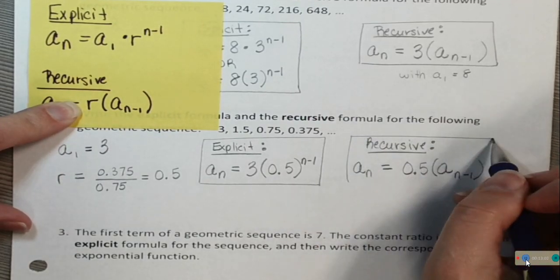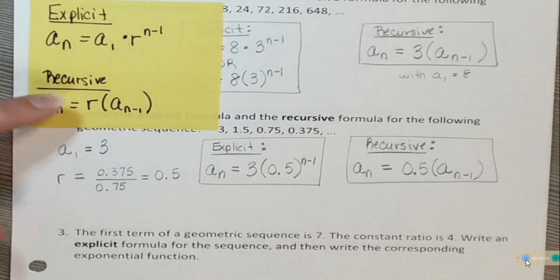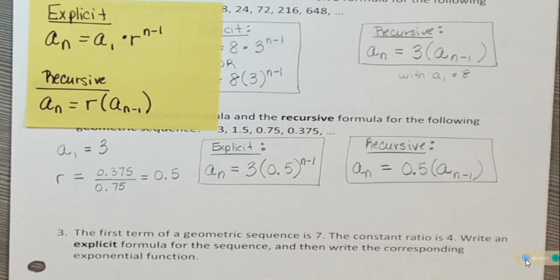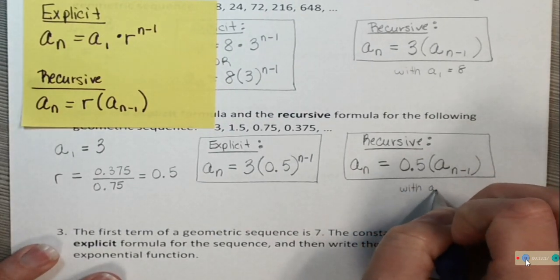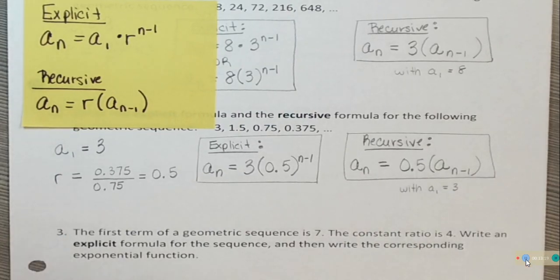This is my function rule. But if I wanted you to use that rule to write the sequence, what else would I have to tell you? I'd have to be like, oh yeah, BTW, A1 is 3. Okay? The only reason I write that is because if you want to use it, you got to know where to start.